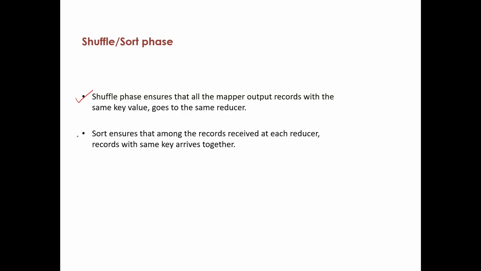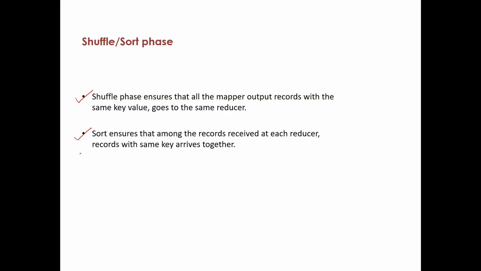We will see how. And the sort phase, which is usually run on the reducer side, though part of it may also be run on the mapper side, ensures that among the records received at each reducer, a reducer may be receiving many records from many different mappers, the ones with the same key value arrive together for processing.